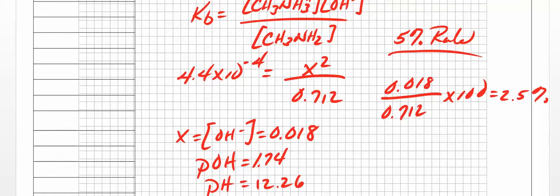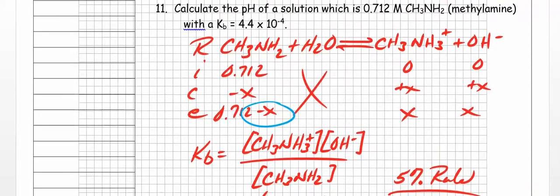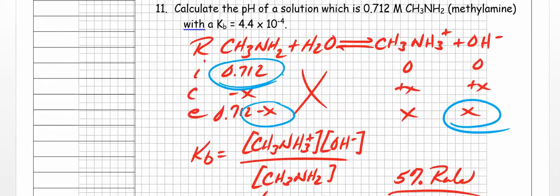If the dissociated amount, in this case that would be this right here, is less than 5% of the original amount, that's this right here, if the dissociated amount is 5% or less of the original amount, then you're allowed to neglect that X because the X was not big enough to really make any difference, right?